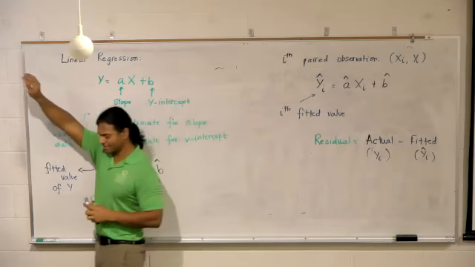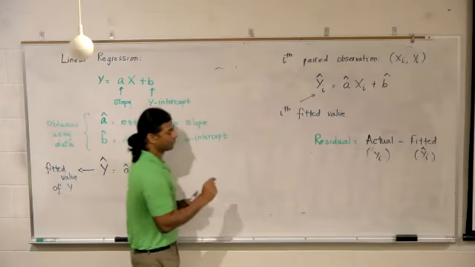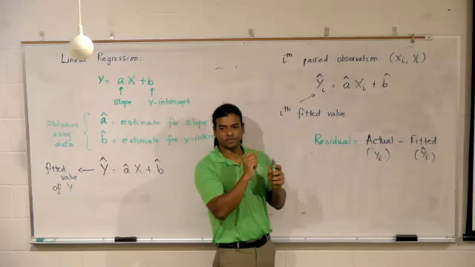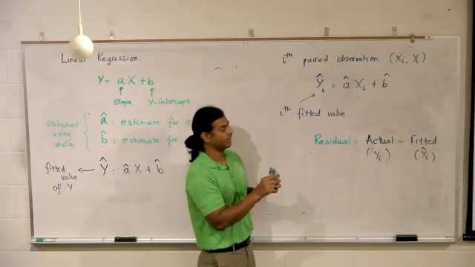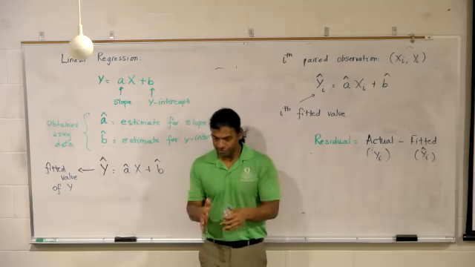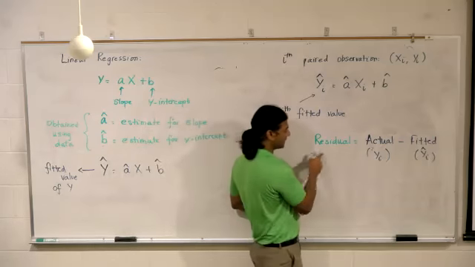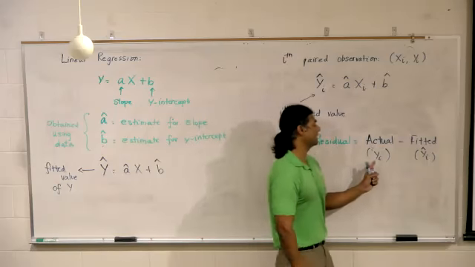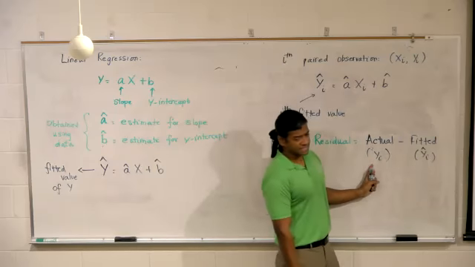Remember in the picture that I drew, we had a bunch of lines and I wrote the sum of squares of the distances between the line of best fit and the observation is what we need to reduce, which is why we call it the least squares. So the residual simply is the distance between a fitted value and the actual value.